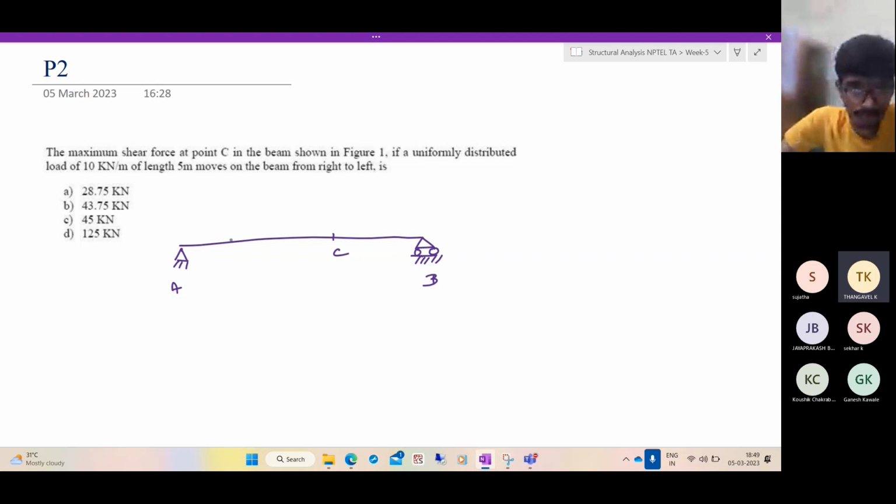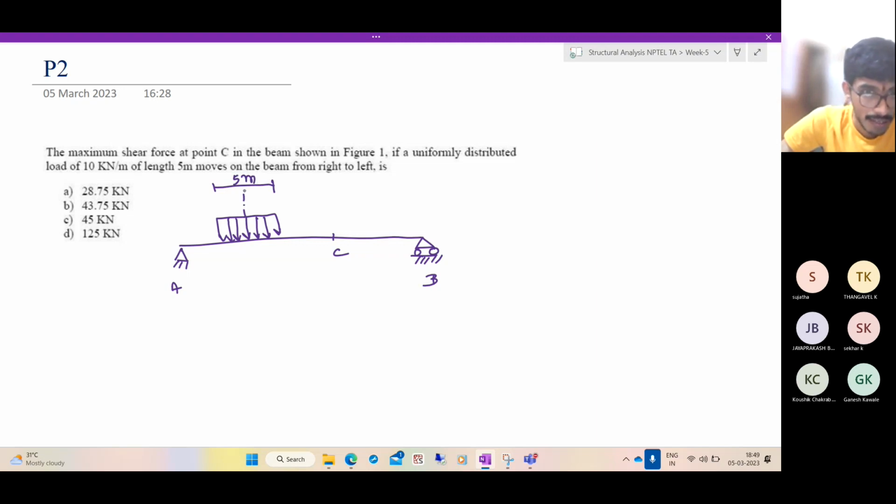What this means is there is a UDL like this. How much is this? They say this is 5 meters. And this UDL is moving along the beam in this direction.